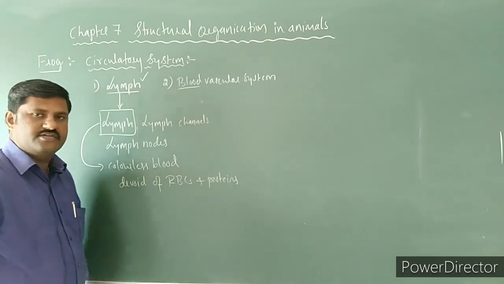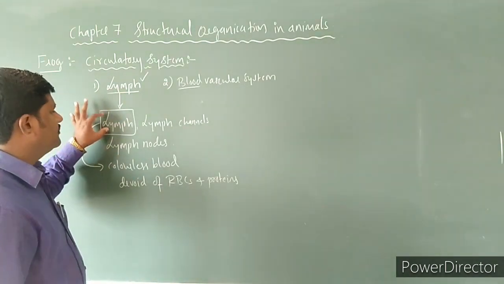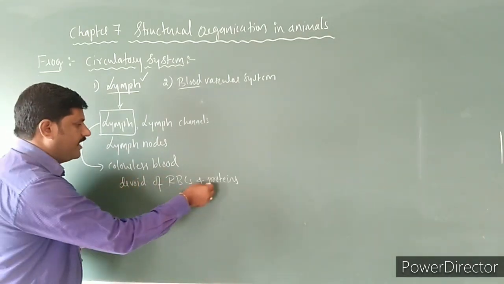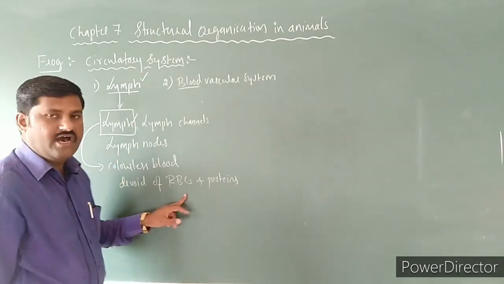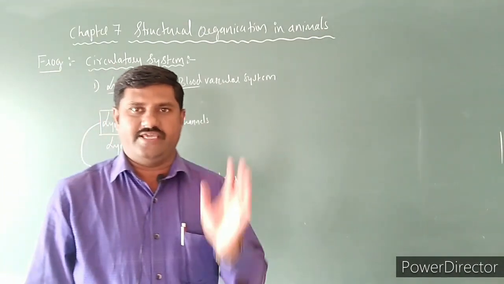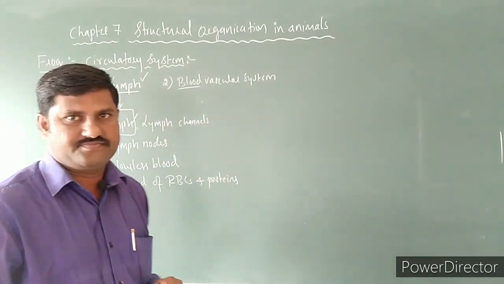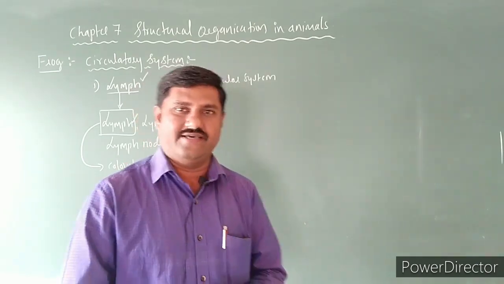So these are absent over here, hence lymph is said to be colorless blood. All the components of the blood are usually present in the lymph except RBCs as well as proteins. That's why it is said to be colorless blood. So this is one fact that you should know better.